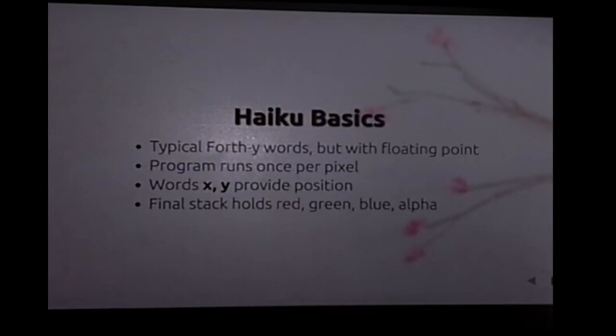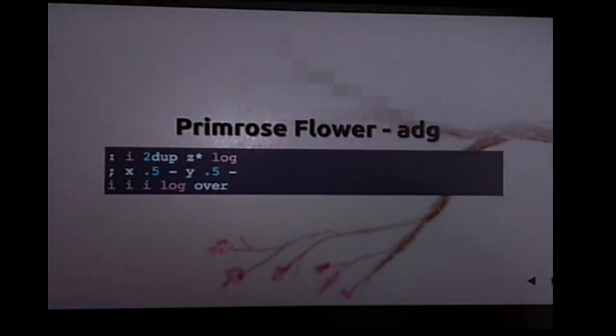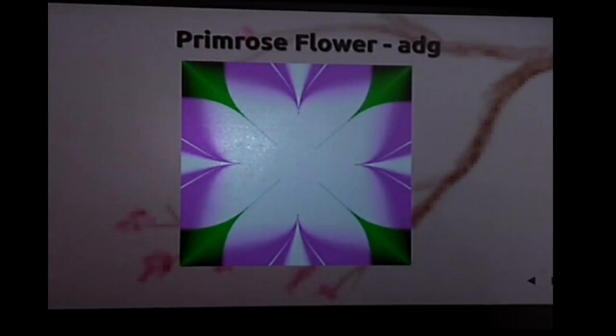The state of the stack after one run is the red, green, blue, and optionally alpha values of the image. So this lets you take something very small like this and turn it into something impressive like that.